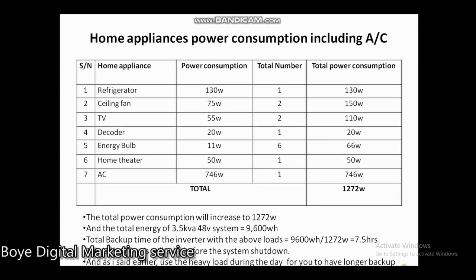And this is the time it will take before the system shuts down. And as we said earlier, you should use the heavy load during the day for you to have longer backup time.